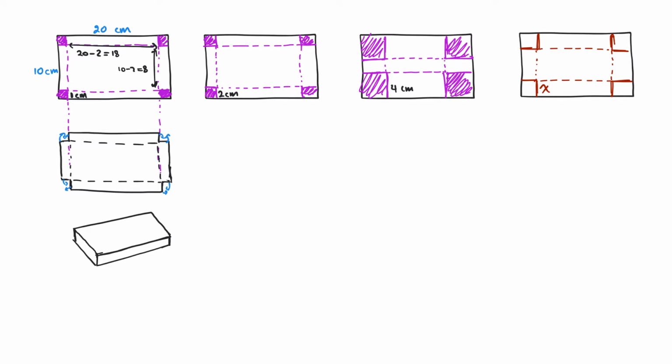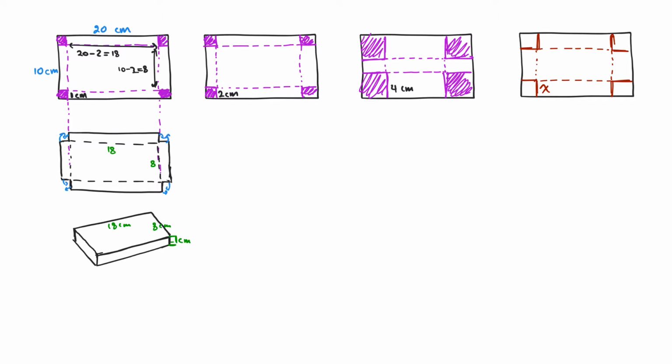So on our box, this one is going to be 18, this one is going to be 8, and this one is going to be 18, this one is going to be 8. This height of the box is the same region that we folded here, and this region is the same as the cutout length. So this one over here is just 1 centimeter for the very first one.